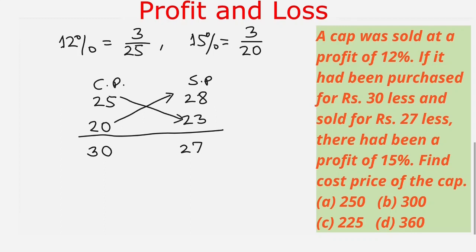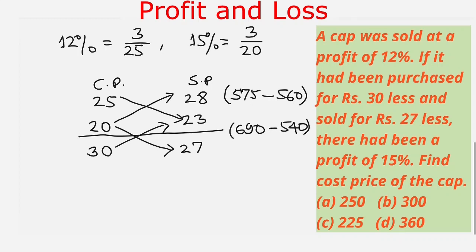25 multiplied by 23 gives us 575, and 28 multiplied by 20 gives us 560, and 30 multiplied by 23 gives us 690 minus 27 multiplied by 20 gives us 540.